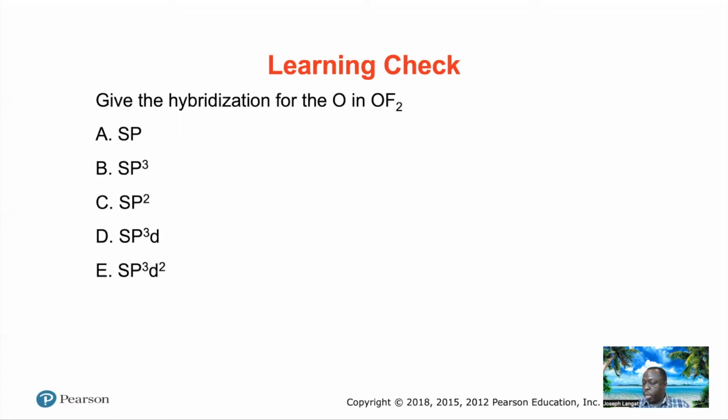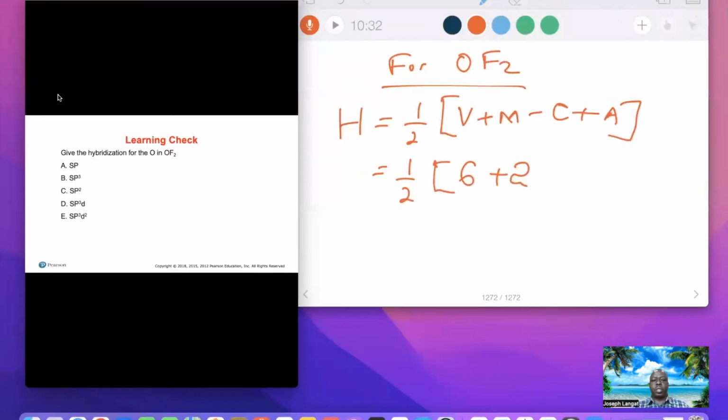So this will be 1/2 times the valence electron, which is 6 for oxygen, plus monovalent. We have 2. Fluorine is monovalent.